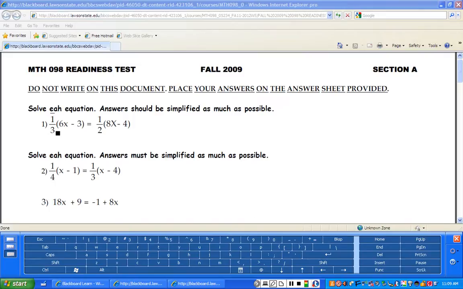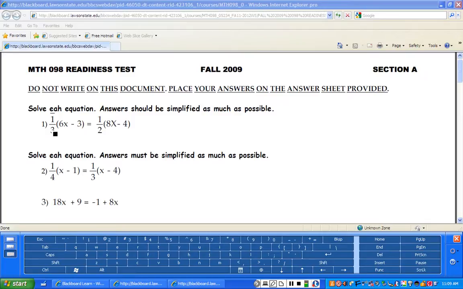So if I'm looking at 1/3 as a fraction on the left hand side and 1/2 as a fraction on the right hand side, a common denominator would be 6, because I have 2 in the denominator here, 3 in the denominator there. 6 would be the first number that 3 and 2 would both divide into evenly.